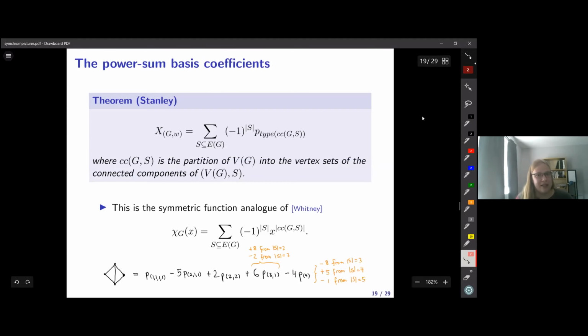The P basis is a bit different. But if you think about what we said in the very beginning about the chromatic polynomial, as we said, to prove it's a polynomial, take every subset of the edge set and see what happens if we contract these and delete the rest.